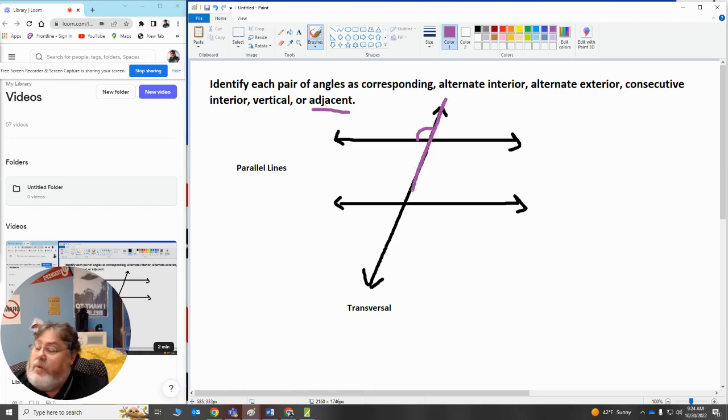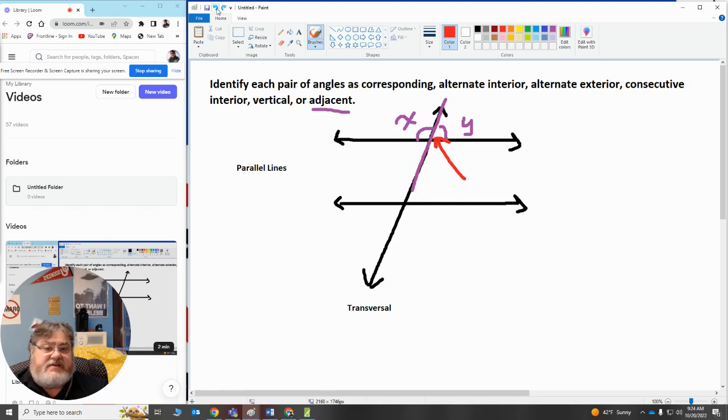You share one wall and you share one corner. So if this is angle X, to be adjacent angle, I'll have to share the same wall with angle Y, and we share the same vertex or corner. The vertex that I'm talking about is located here. We share the same corner, we share the same wall, we are adjacent angles.